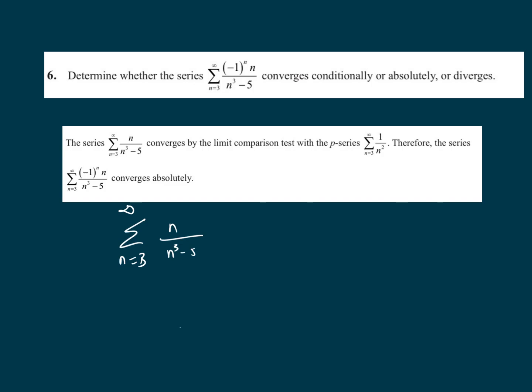When n equals 3, it is 3 divided by 3 cubed minus 5. When n equals 4, it is 4 divided by 4 cubed minus 5. When n equals 5, it is 5 divided by 5 cubed minus 5. This is the series of the absolute value.